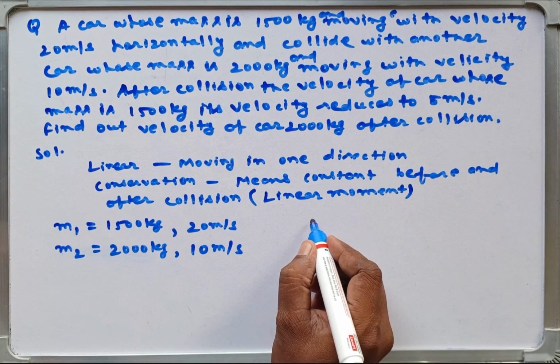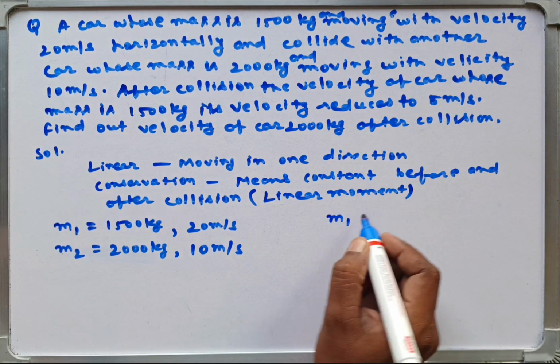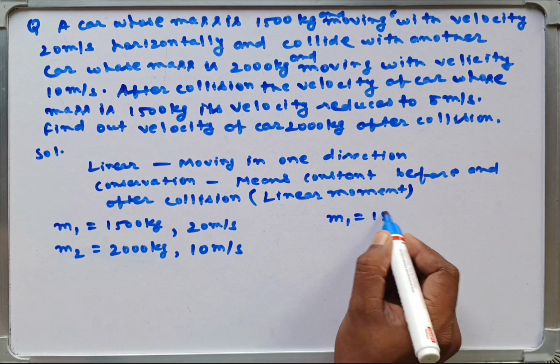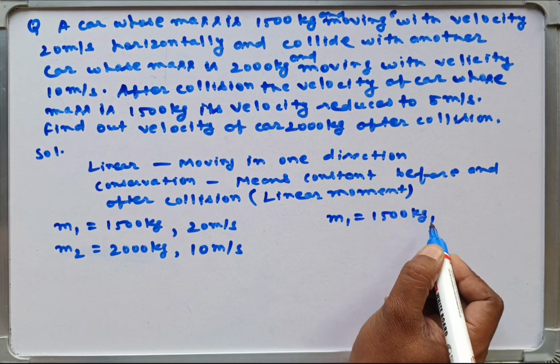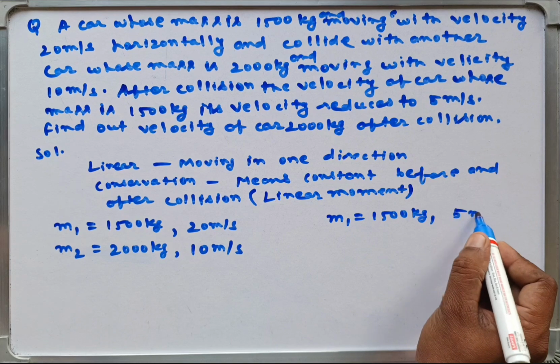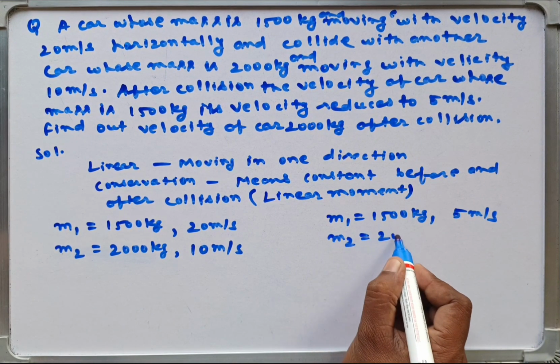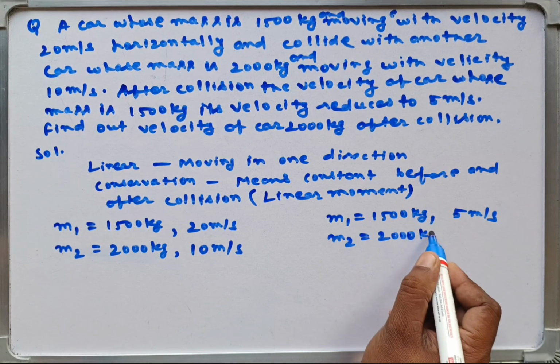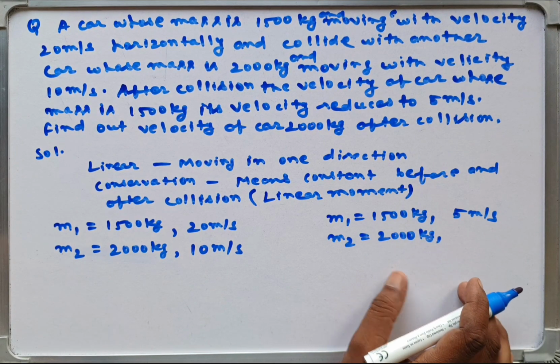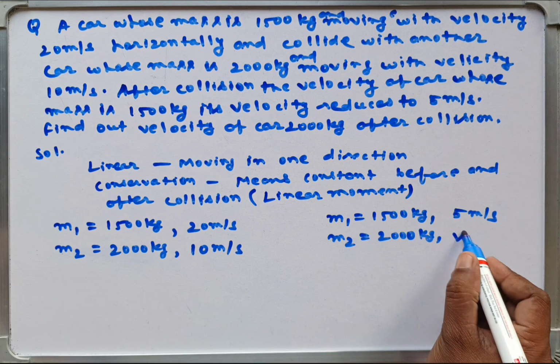After collision, m1 of 1500 kg has velocity 5 meter per second, and m2 of 2000 kg has velocity unknown, so we call it v.